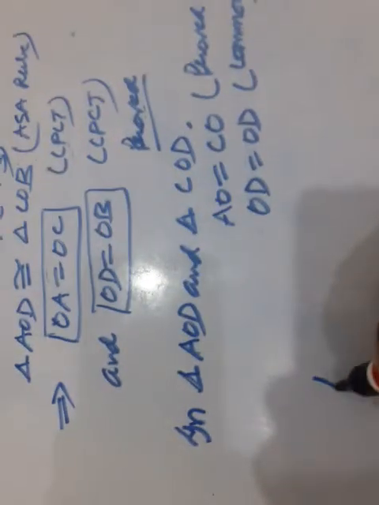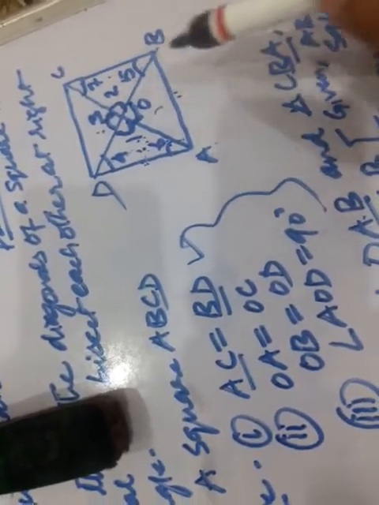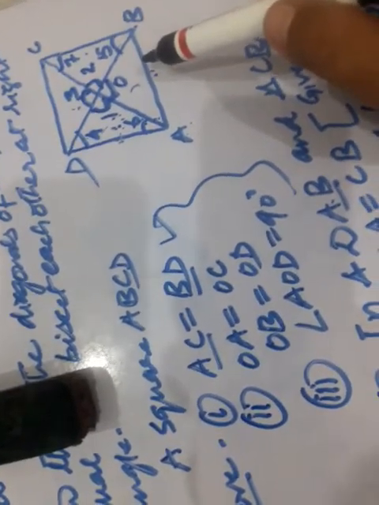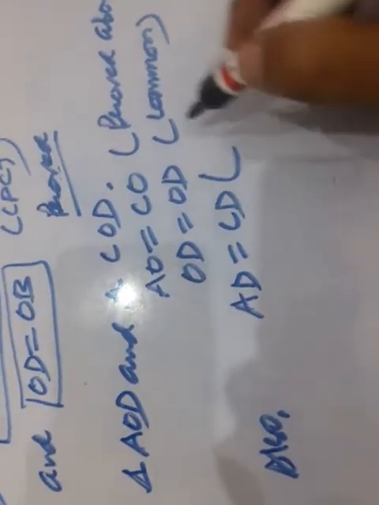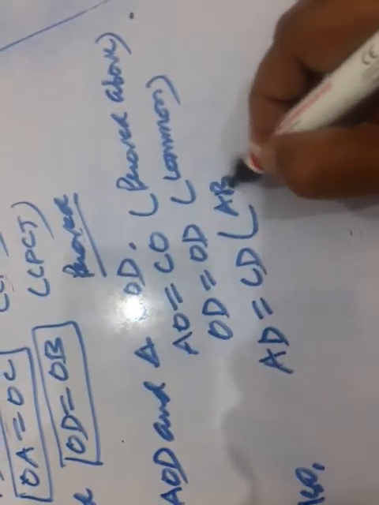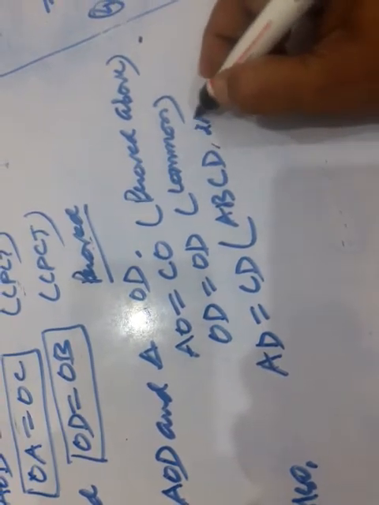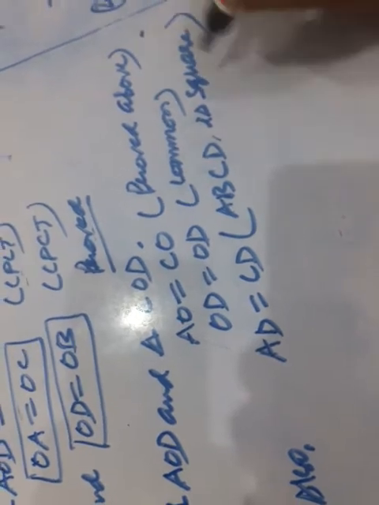Also one more thing: AD equal to CD, because ABCD is a square, so it is a rhombus also, that is all four sides are equal.